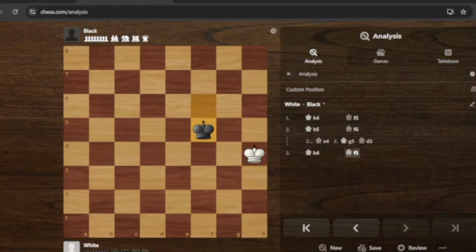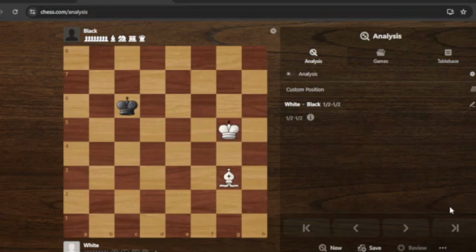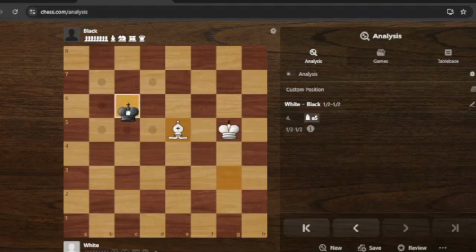And same as this position that I am about to show you. So yeah, the second position is this. Now you can't checkmate black. Even if you are up a bishop, you can't.